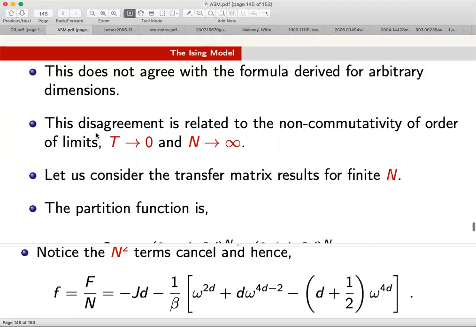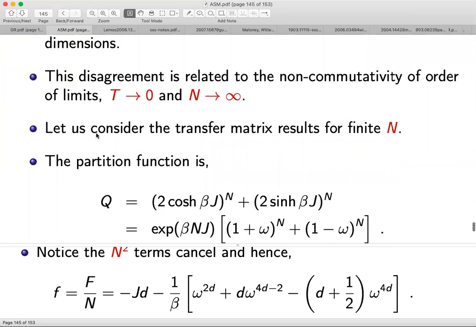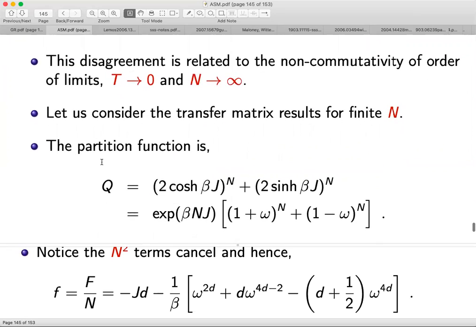If you consider the transfer matrix for finite n, then you can write down the exact partition function. Remember, if you look at the eigenvalues of the transfer matrix, then one eigenvalue is cosh beta j, and the other one is sinh beta j. This is lambda plus, this is lambda minus.